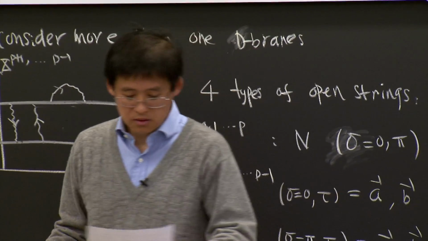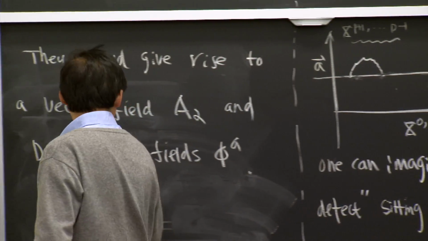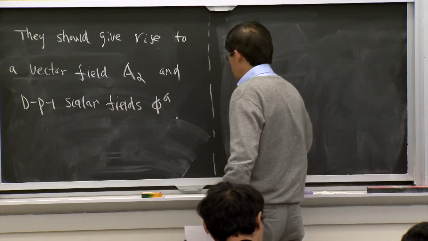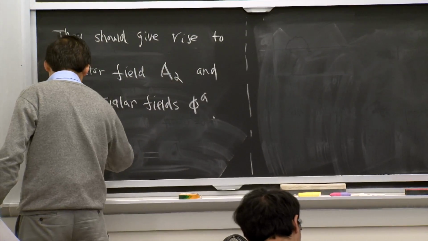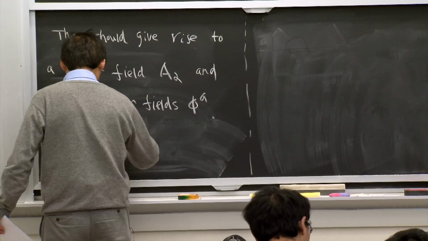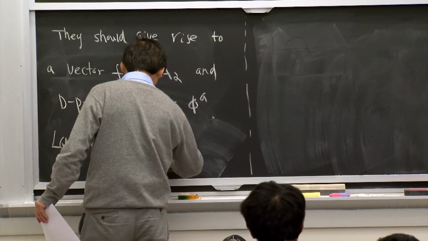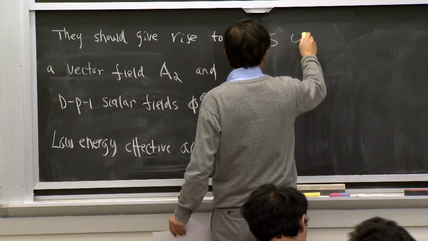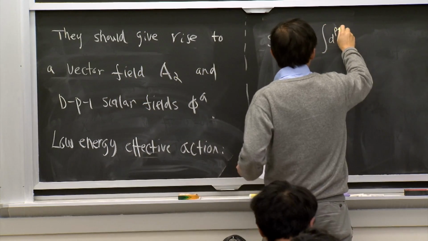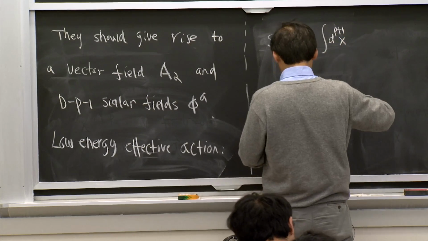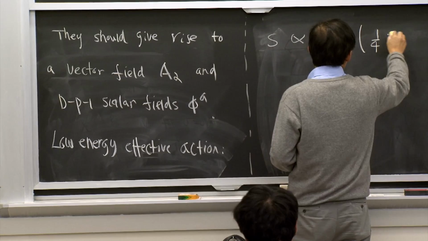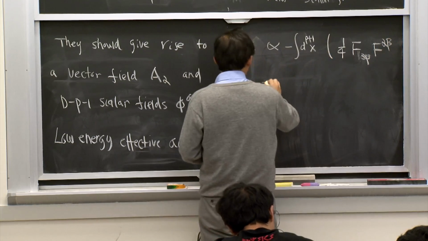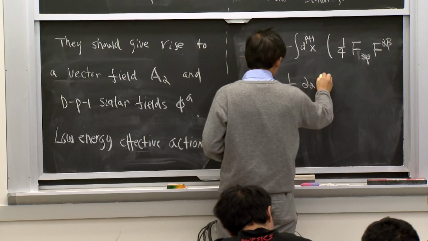As we said before, the low energy effective action for such massless modes must have the structure, in the p plus 1 dimensional world volume of the brane, of a Maxwell theory and just a massless scalar field.